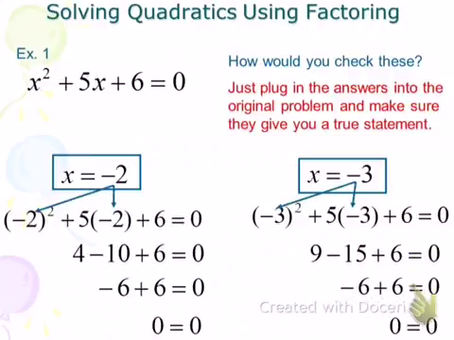Now there's a lot of work involved in doing this, and when you start getting fractional answers, it becomes a lot less practical. The best thing to do is to check your work as you go, make sure your factorization is correct, and make sure that you have done everything correctly through the problem, because checking it can get a little cumbersome when you start having fractional answers.